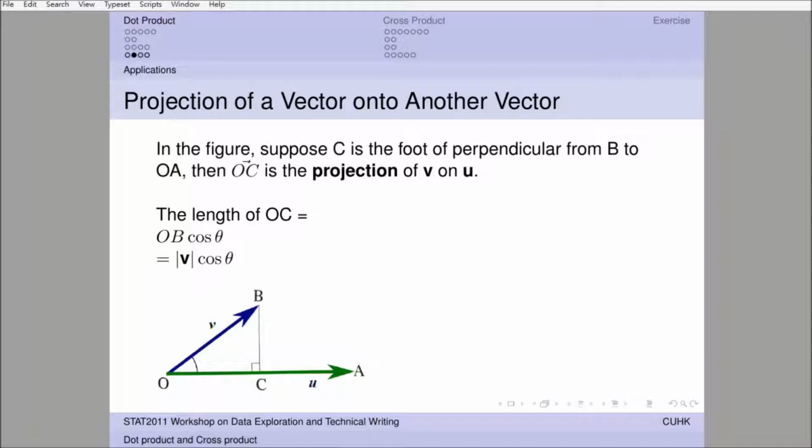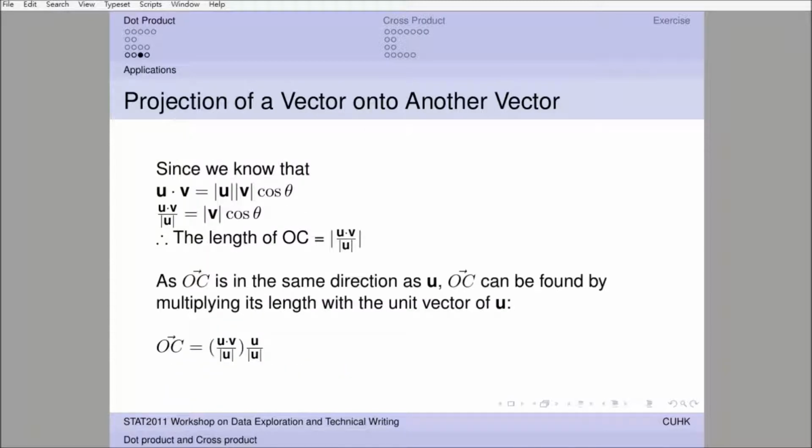The length of vector OC can be found by OB cosine theta, which is the magnitude of v times cosine theta. Since we have learned that u dot v is the length of u times the length of v times cosine theta, then the magnitude of v times cosine theta, and thus the length of OC, equals u dot v over the length of u.